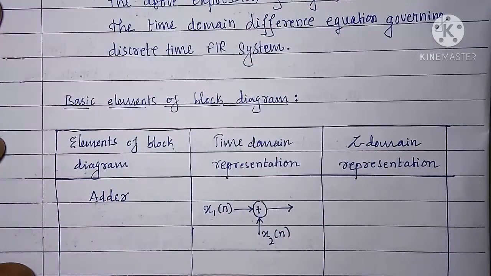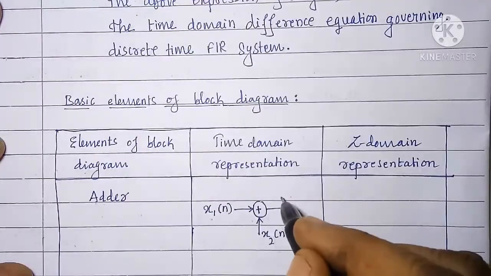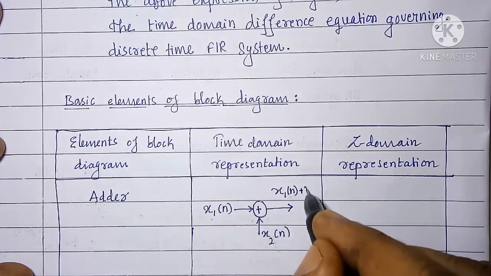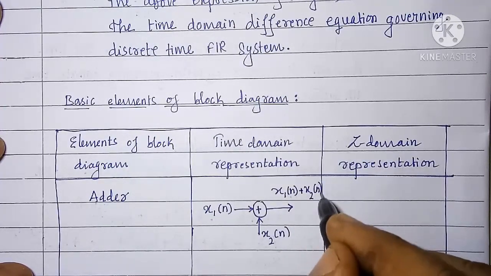Inside this block we write plus, and output of this box will be x1 of n plus x2 of n.